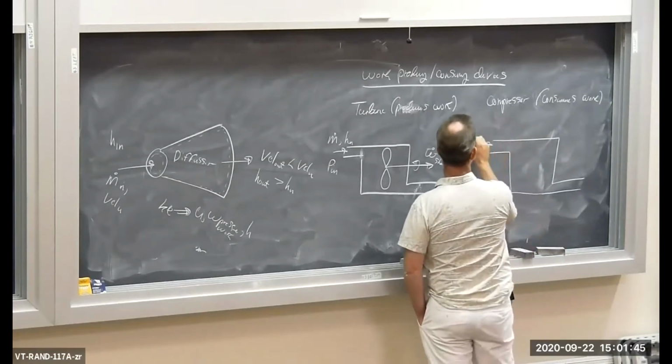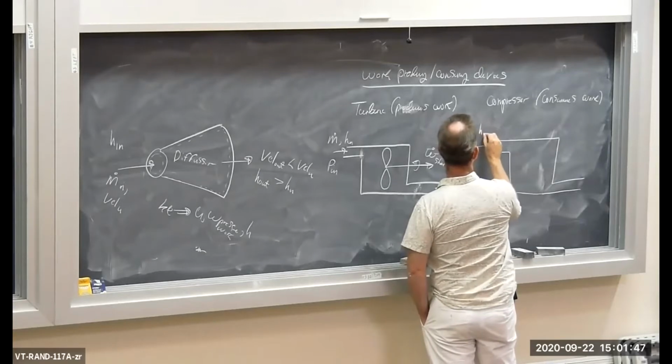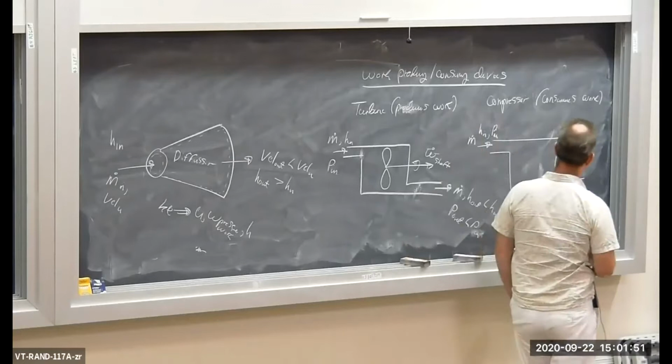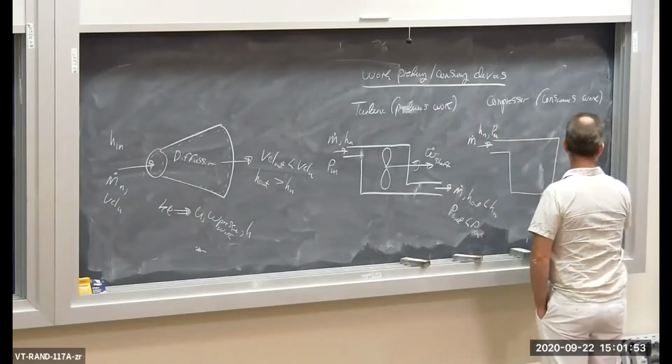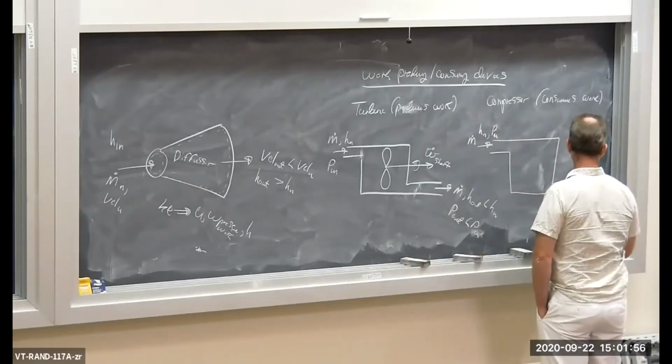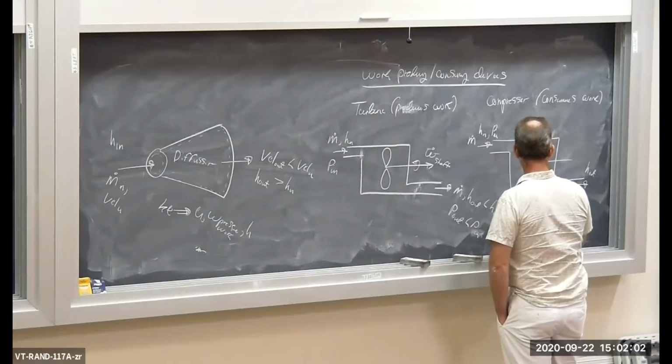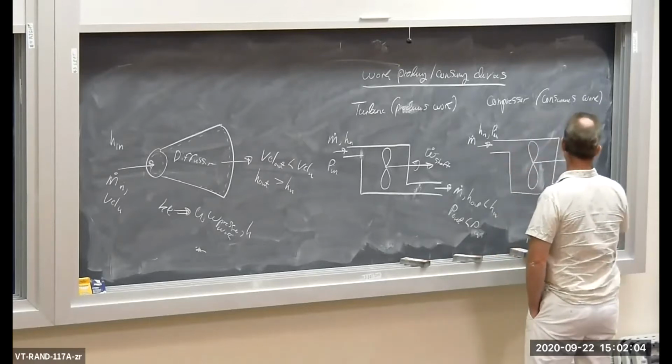So we have an m dot, we have an h in, a p in, we have an h out, and a p out. And this thing has a propeller in it, or some kind of a rotating blade of some kind.